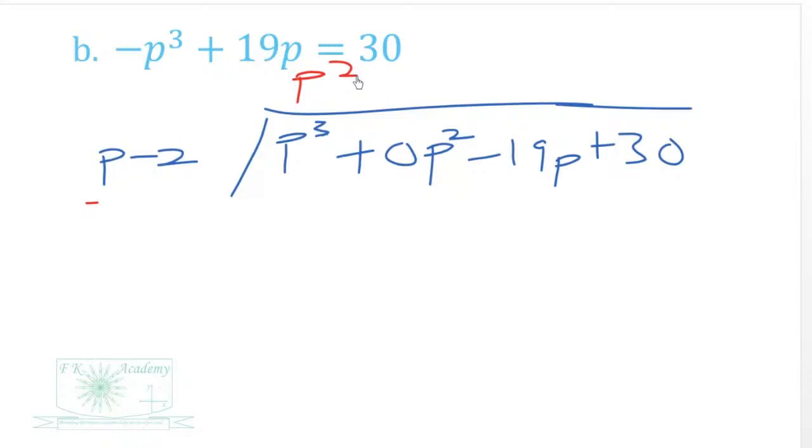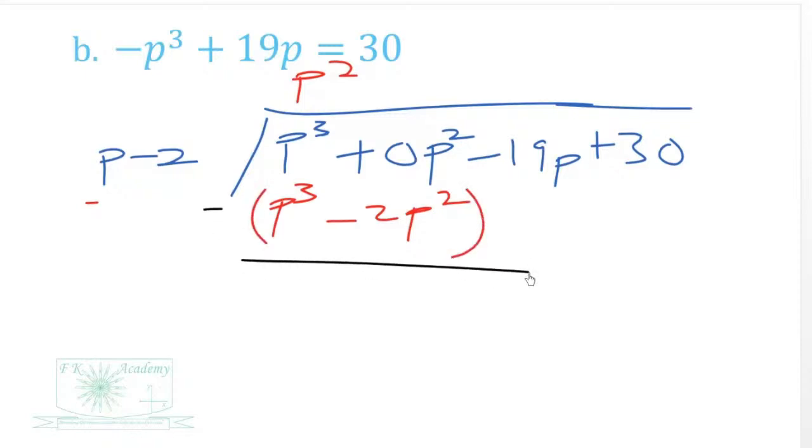We multiply it by p minus 2 to get p cubed minus 2p squared. We subtract now, we obtain 2p squared minus 19p. We drop the 19p here.